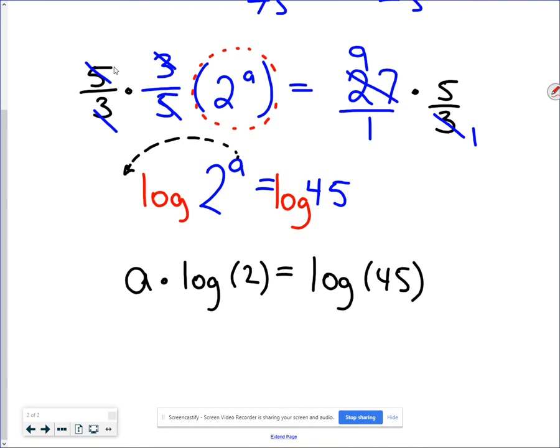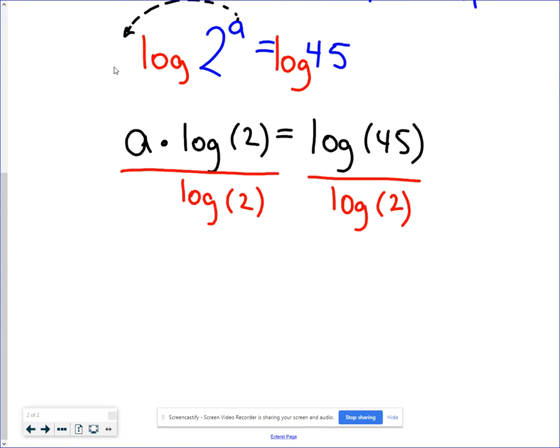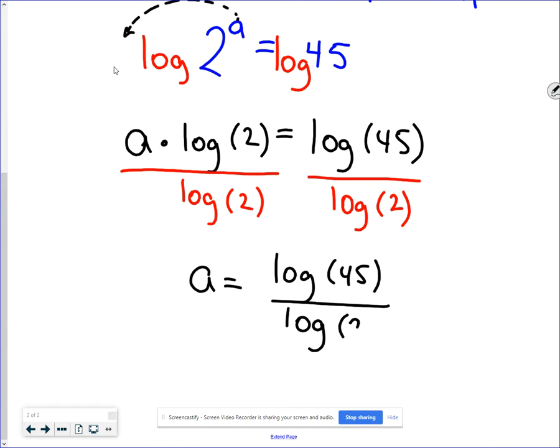We divide both sides by the log of 2 to get the a by itself. So a is equal to the log of 45 divided by the log of 2. That's the exact value of a.